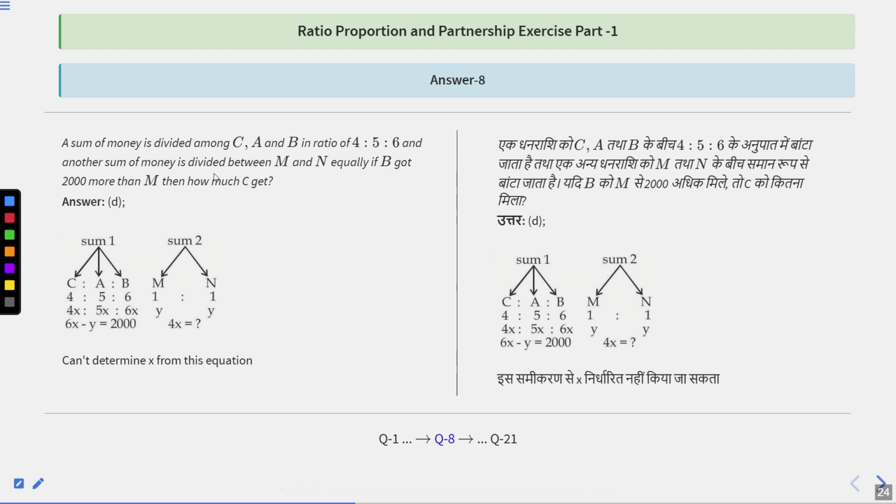It's just given that B got 2000 more than M, and the question asks how much C gets. So how can we find it? Because no fixed money has been given. It's just given the ratio of division of money between C, A and B. So this is a logical question where we cannot find the answer. So our answer will be cannot determine, so D is the correct answer. Next one.